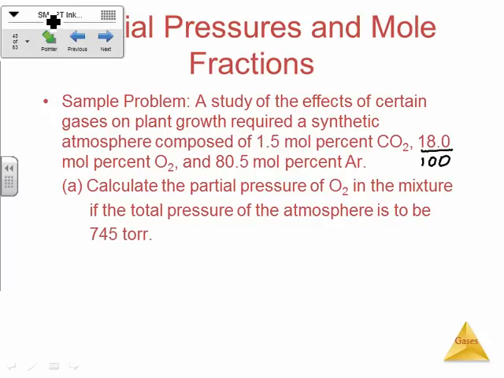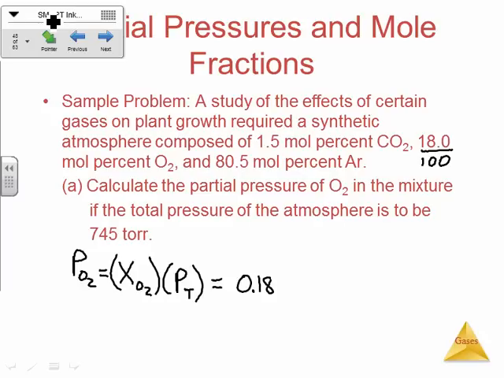So if we want to know the pressure of the O2, then we need to take the mole fraction of the O2 times the total pressure, and that would give us the pressure of just the O2, the partial pressure of the O2. Okay? So the mole fraction of the O2 is just 18 divided by 100, so that's 0.18.